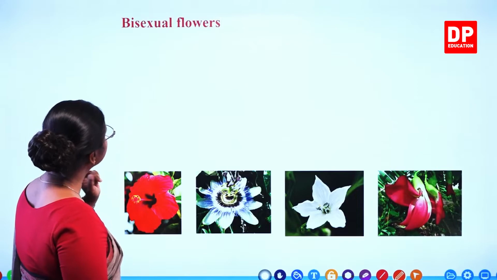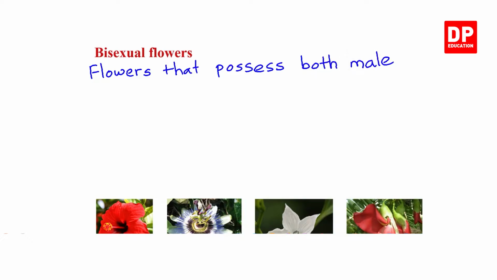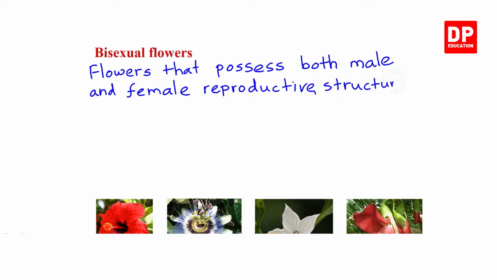So first we will discuss bisexual flowers. Flowers that possess both male and female reproductive structures are known as bisexual flowers.